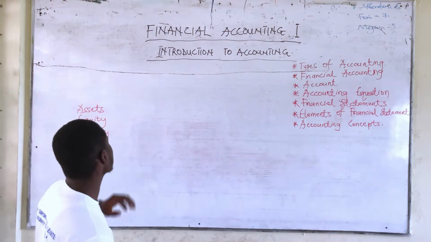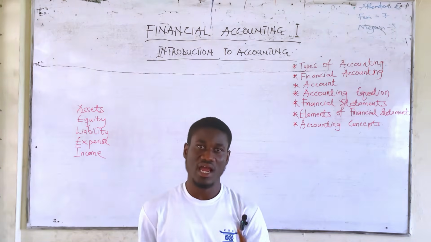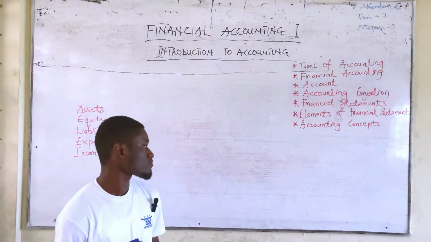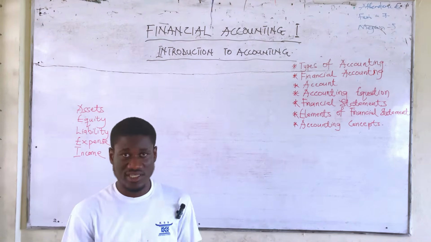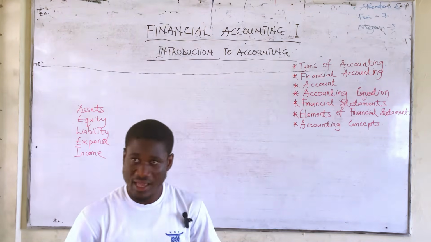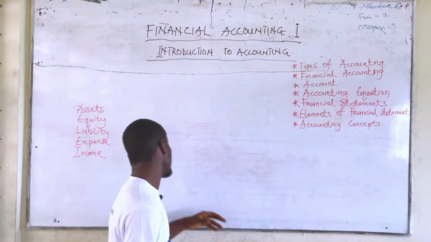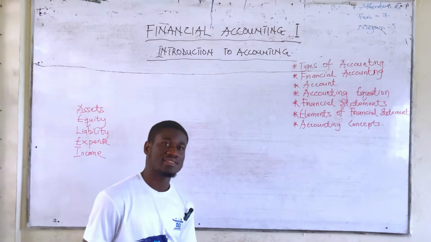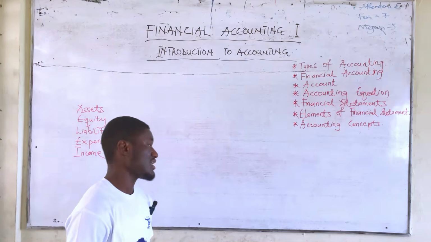Good. Under liability, we have the non-current liability and the current liability. The non-current liability is payable beyond a year. It's a long-term liability that you have to pay in the long run. You get it? With the non-current liability, we have loans, mortgages and the likes.